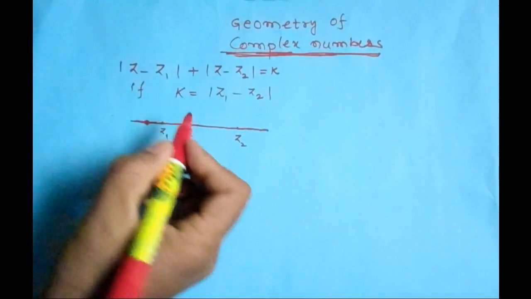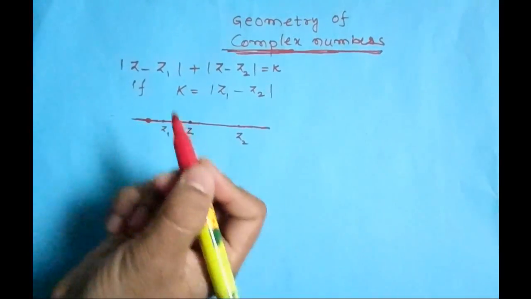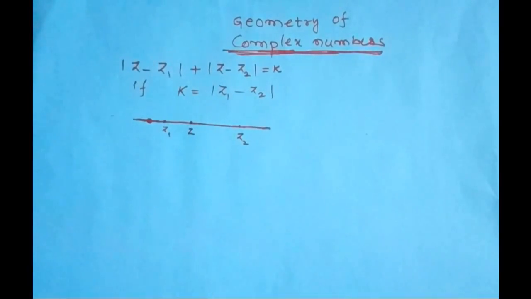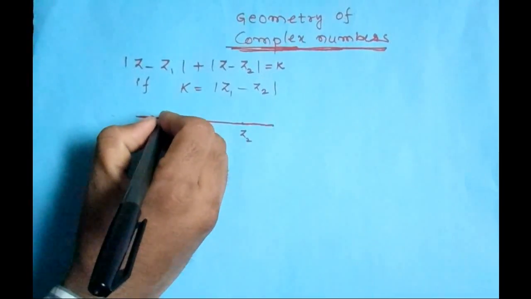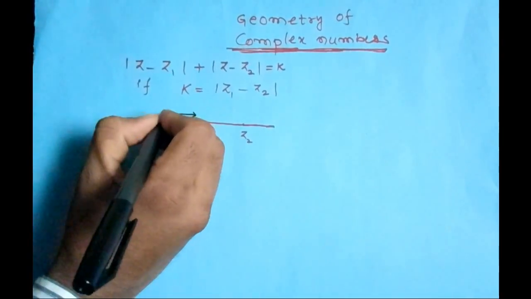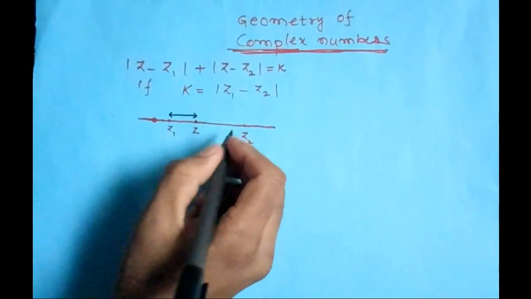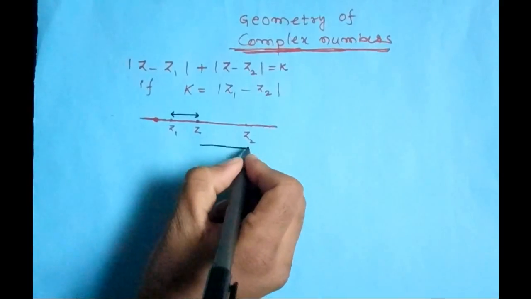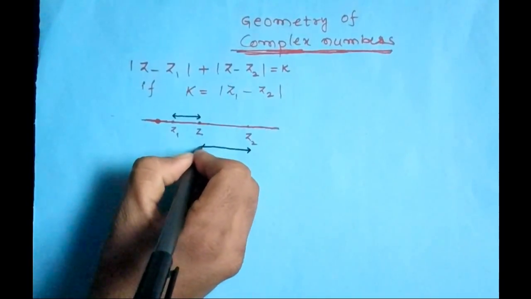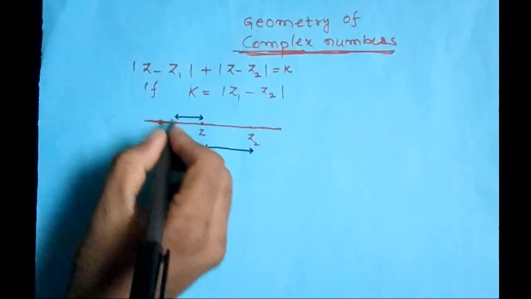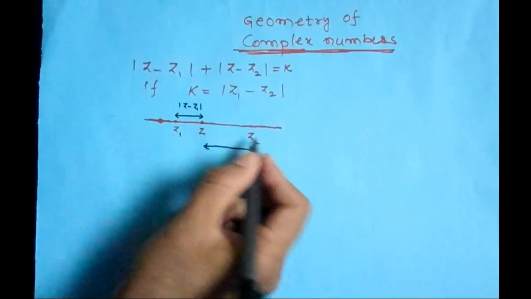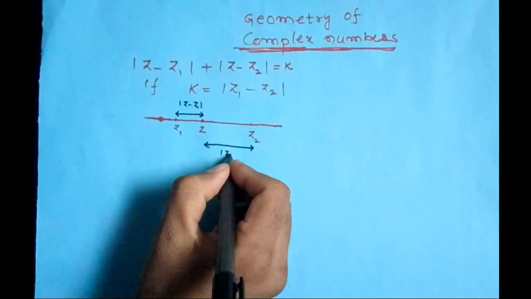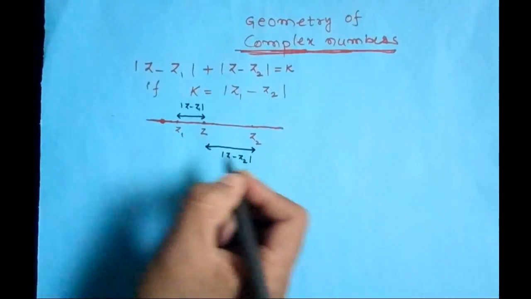Now you see the distance between z and z1 we can find using modulus of z minus z1. This is the distance between z and z1. Now the distance between z and z2 is this, modulus of z minus z2.